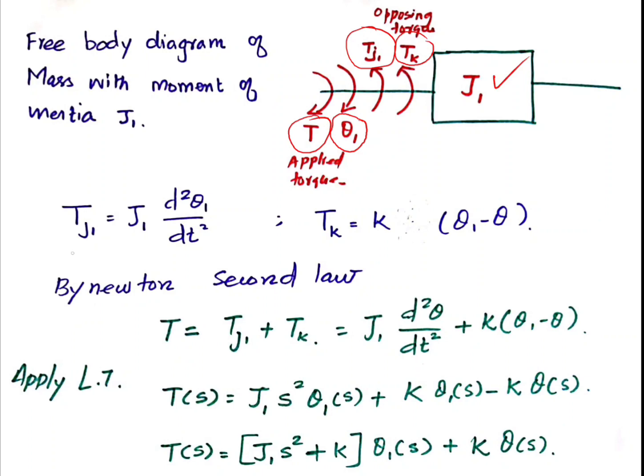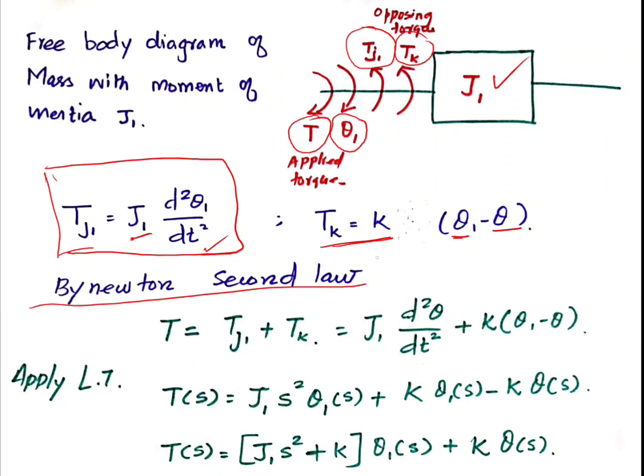T suffix J1 is related to the moment of inertia, as we have already discussed: J1 into d square theta 1 by dt square. T suffix k is related to the spring, which is in between J1 and J2, so we have to consider two different angular displacements. When considering the first mass element, we subtract the first from the second: theta 1 minus theta.